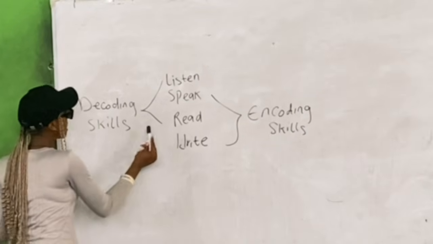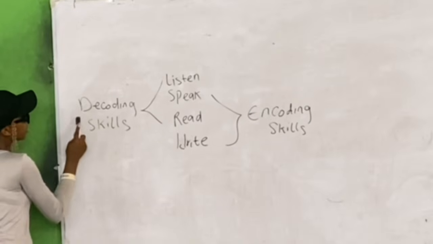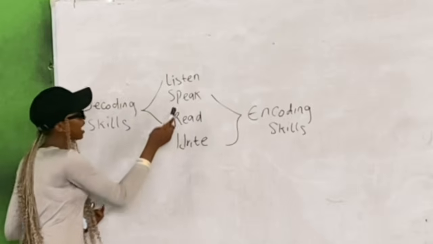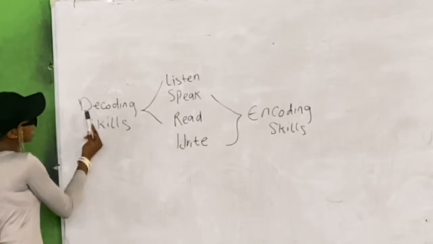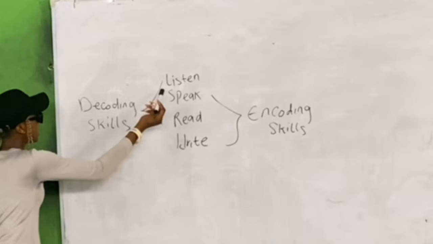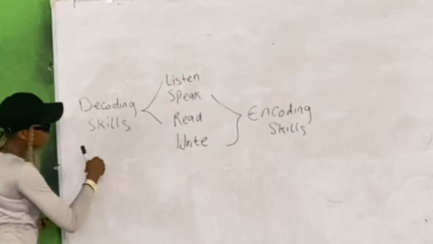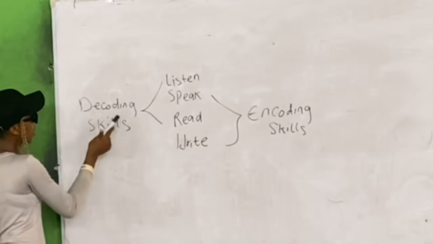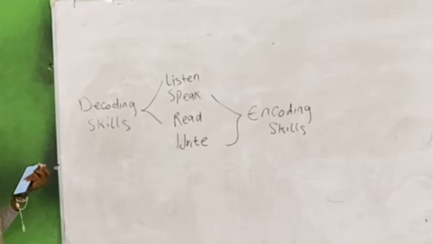The listening and reading skills involve a particular skill which is called decoding skills, and speaking and writing involve encoding skills. Let me explain. Listening and reading are for decoding. Here you're listening, you're reading, you're receiving information.